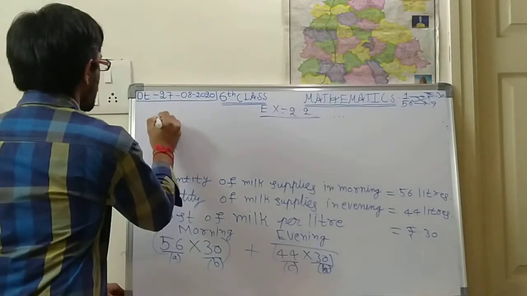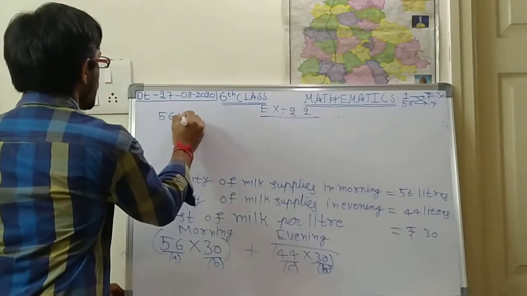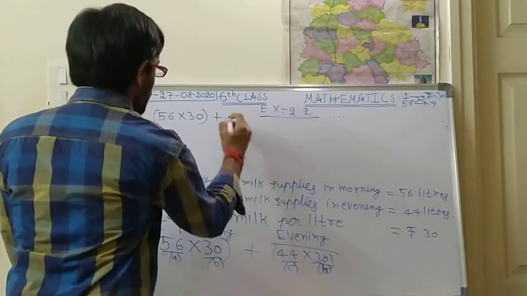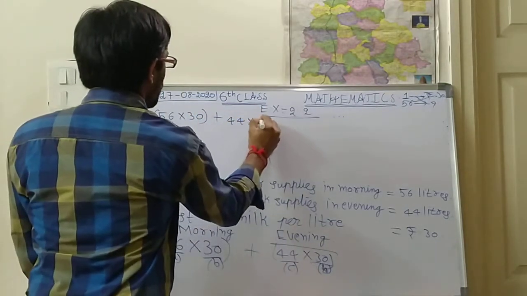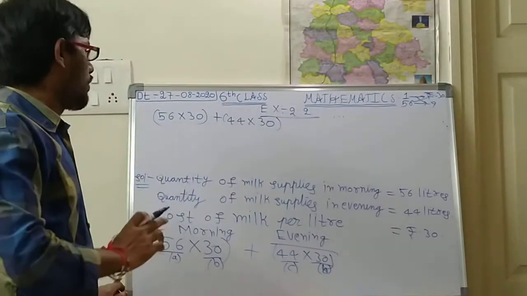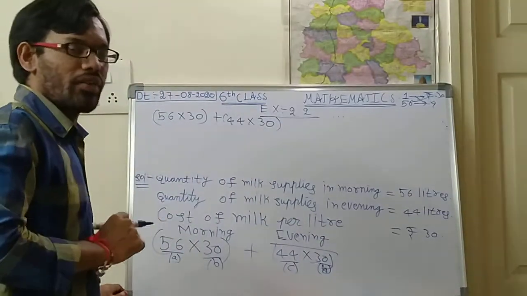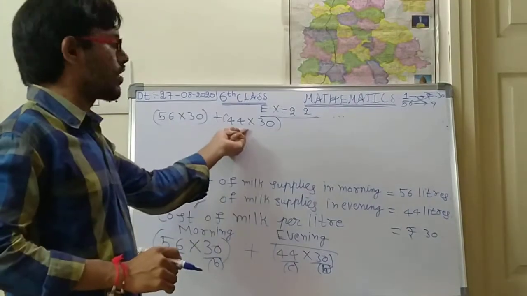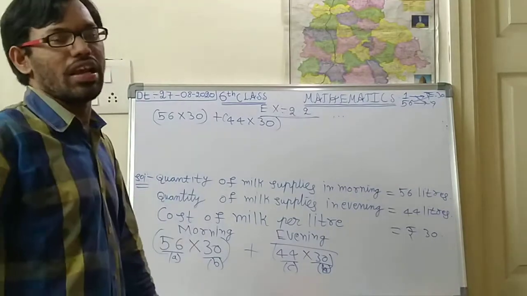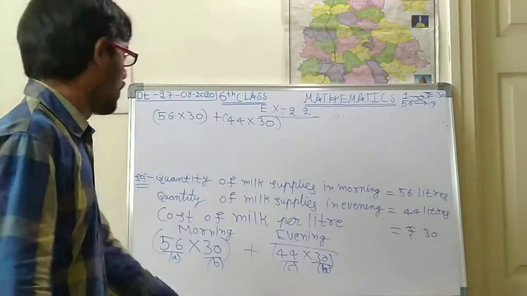This is 56 into 30 plus, next evening session, 44 into 30. Here 30 represents the amount for 1 liter. 56 and 44 are the total quantity of liters he was selling in the morning and in the evening.